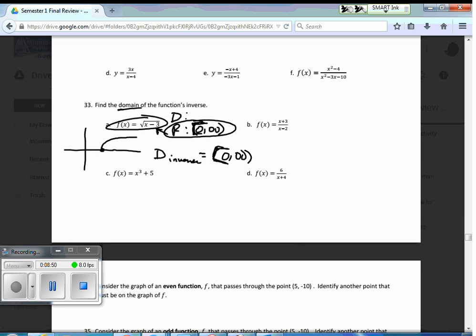Okay, so basically, if they're asking you to find the domain of the inverse, you're going to find the range of all of these. So how the heck do you find a range when they're a fraction function like this? The range is not as easy as finding the domain, where you look at what kills it. The range, you have to have a picture for it, and you won't have a picture for something like this. I don't even know what that looks like as a picture.